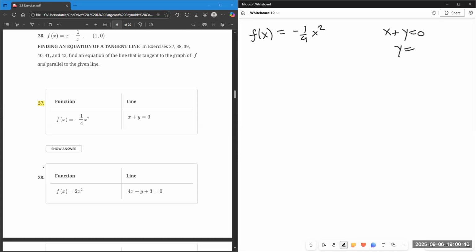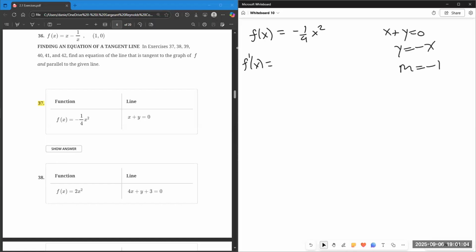So if I solve for y here, if x plus y is equal to 0, then y is equal to negative x. So my tangent line is going to have a slope of negative 1, since it's parallel to this line; they're going to have the same slope. So this is f prime of x.